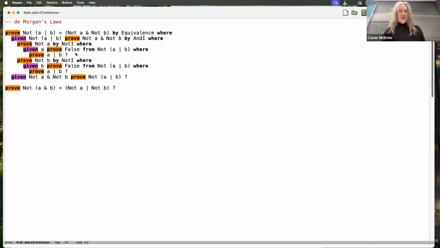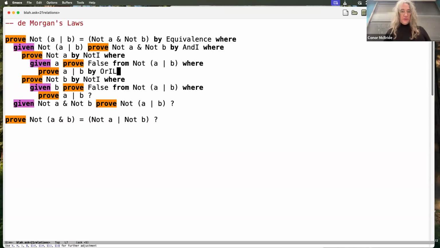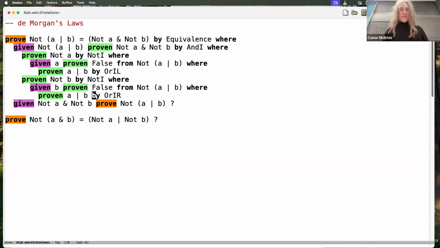So you can see in this sub-goal, I've got a handy A. So I think I'm going to go left. And in this sub-goal, I think I will go right. And funnily enough, we're done on that side.